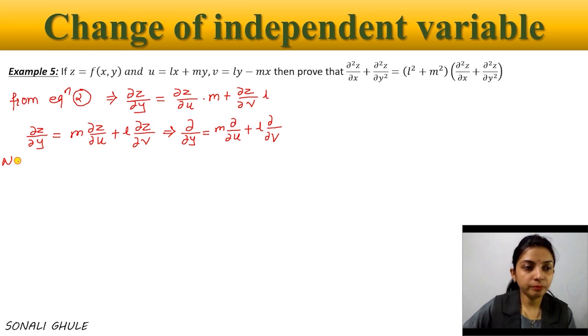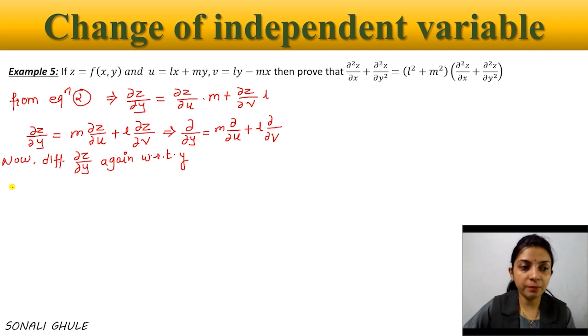Now to find dou 2z upon dou y square, differentiate dou z by dou y again with respect to y.